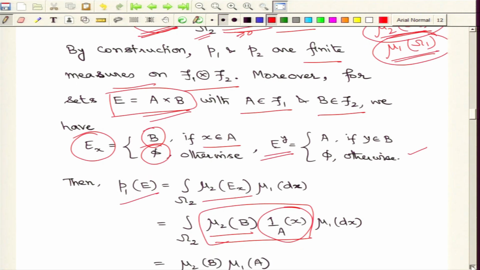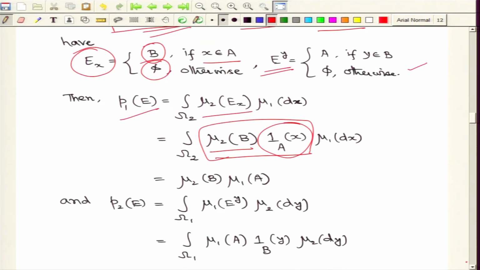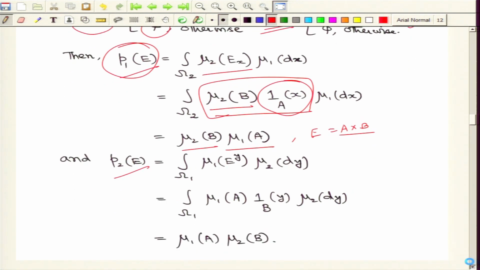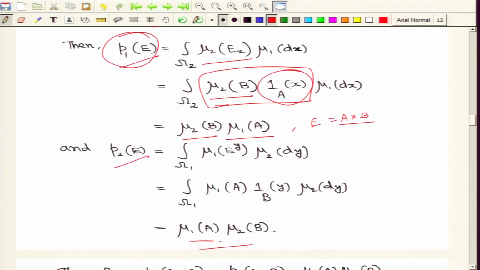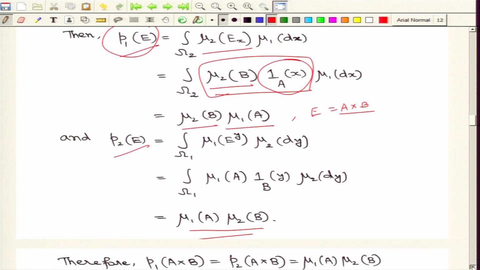Let us work it out and you will end up with the number mu2 of B times mu1 of A. So, P1 of E turns out to be mu2 of B times mu1 of A, provided E is A cross B. You can do a similar calculation for P2 of E and you will end up with the same number once more.